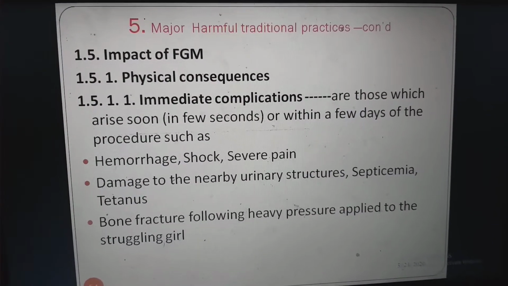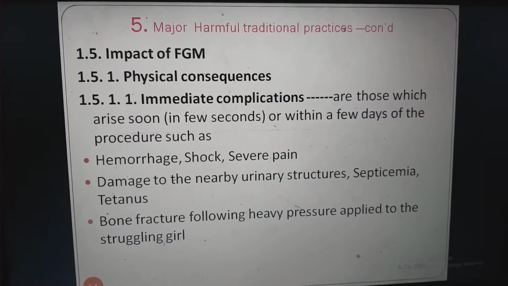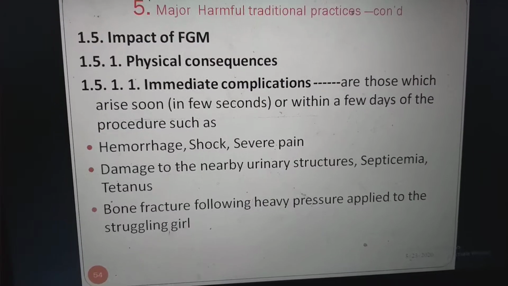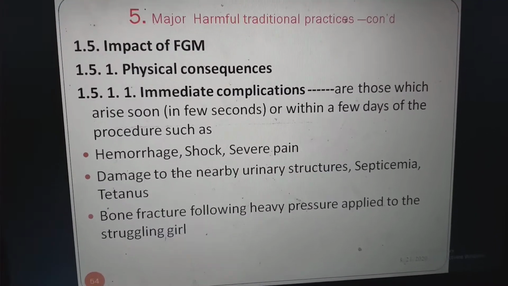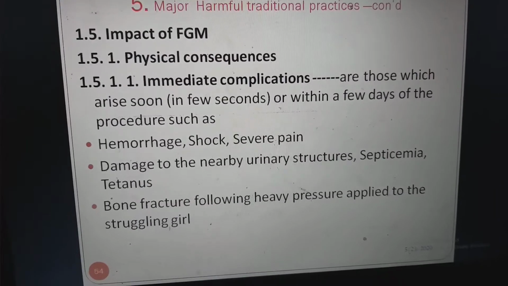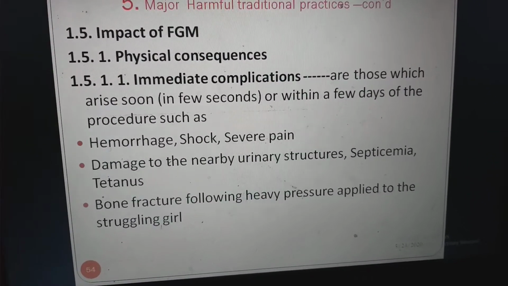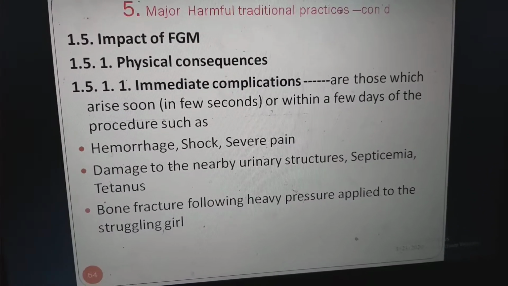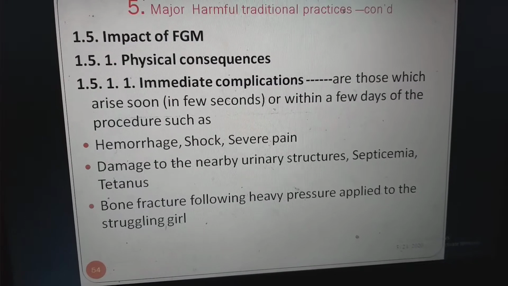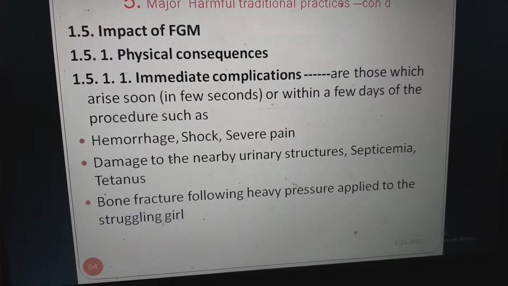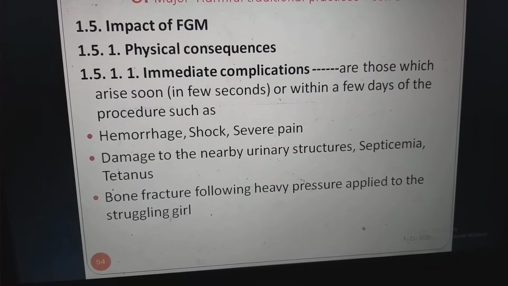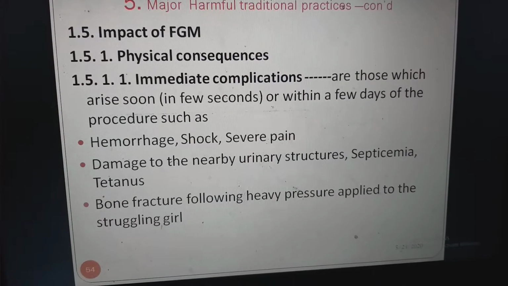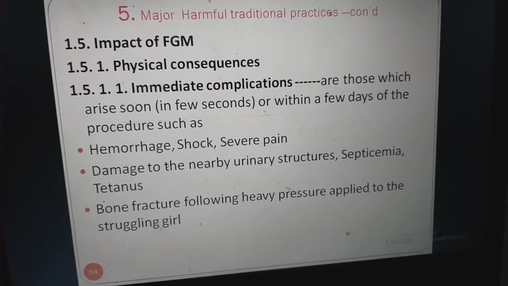The first one is physical consequences. From physical consequences, first, immediate complications. These are those which arise soon, within a few seconds or within a few days of the procedure, for example, hemorrhage, bleeding, shock, severe pain, damage to the nearby urinary structures, septicemia or infection, tetanus, and bone fracture due to heavy pressure applied to the struggling girl.